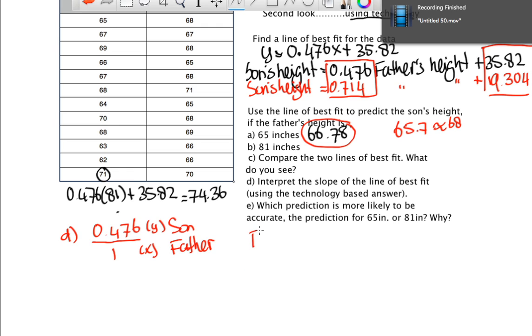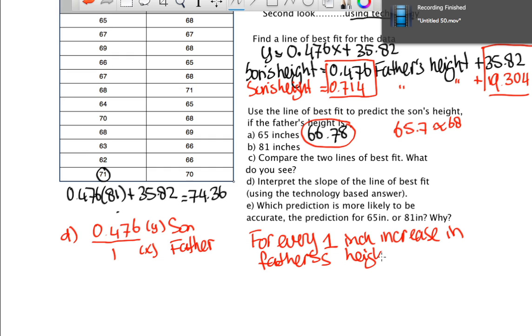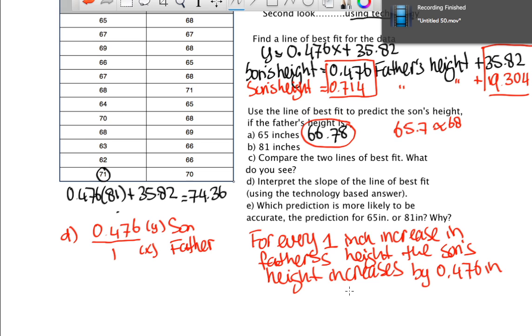It says, for every 1 inch increase in father's height, the son's height increases by 0.476 inches. And we're going to hedge our bets a little bit and say on average.